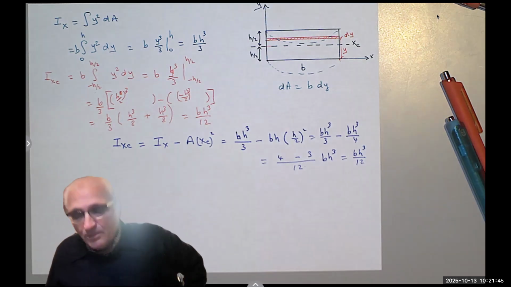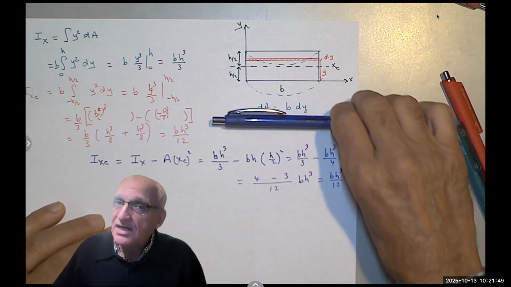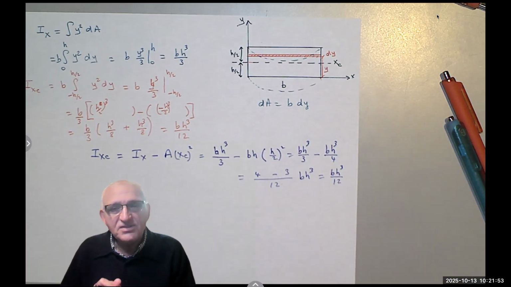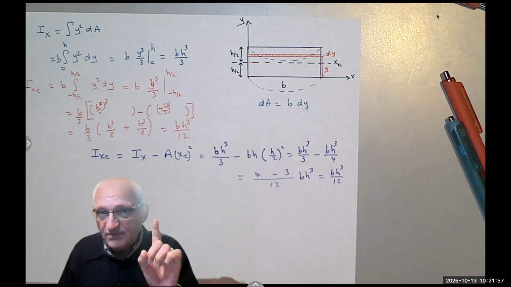And if you know the moment of inertia about the centroid and you want it about another axis parallel to it, you would add A times x sub c squared. Here you have to be very careful.